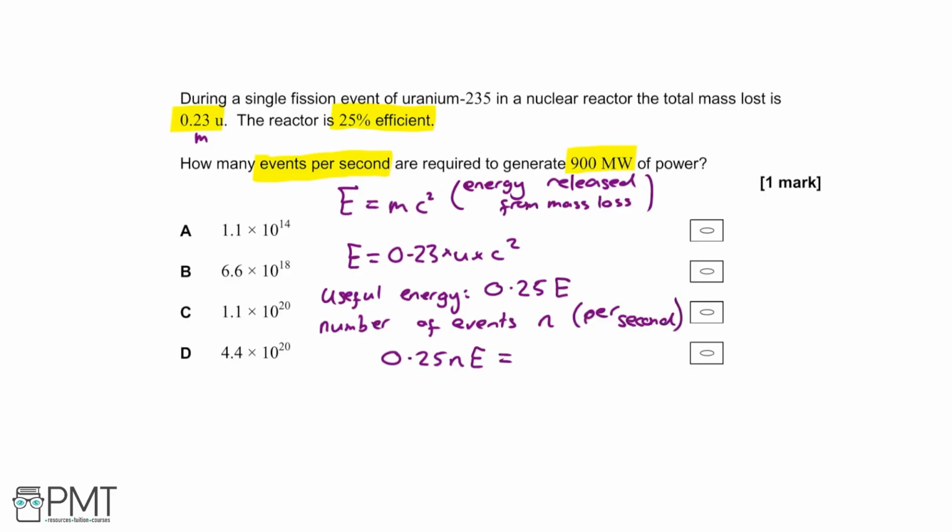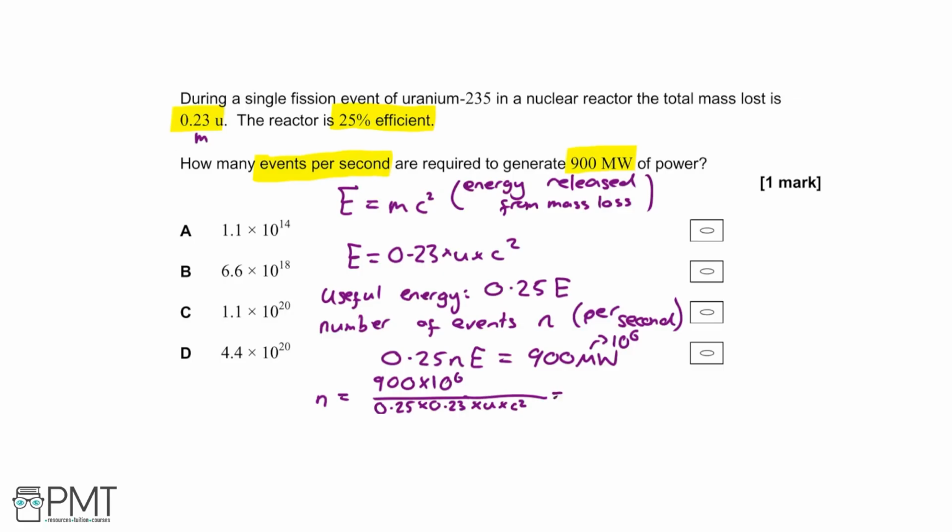And that's going to be equal to 900 megawatts. So then, we can rearrange this for n, and we can write that 900 multiplied by 10 to the 6, so mega gives us the prefix of 10 to the 6, divided by 0.25, multiplied by 0.23 times u times c squared is going to give us our answer.